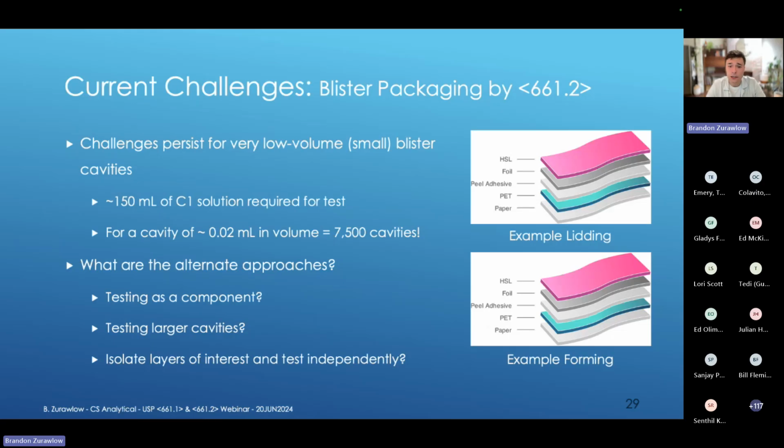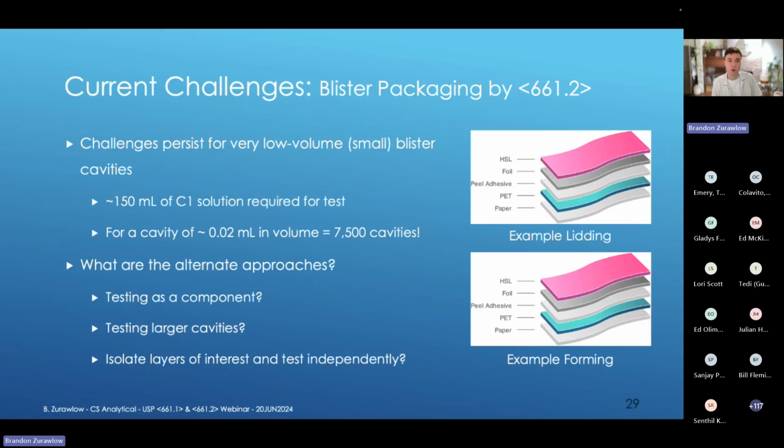For cavities that I can fit 300 microliters, half a milliliter into, that's manageable. But for really, really small volume blister cavities, I was just having a conversation with somebody recently where the cavity size holds 20 microliters. That would take about 7,500 cavities filled just to obtain the appropriate quantity of solution for testing. That is just infeasible, both from a preparation perspective, but also from a recovery perspective.